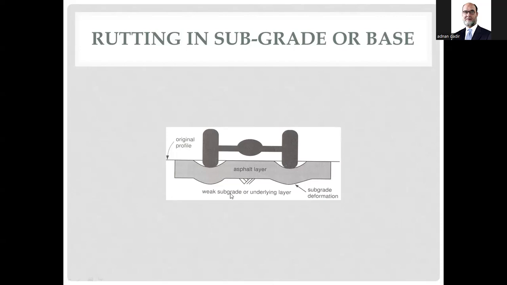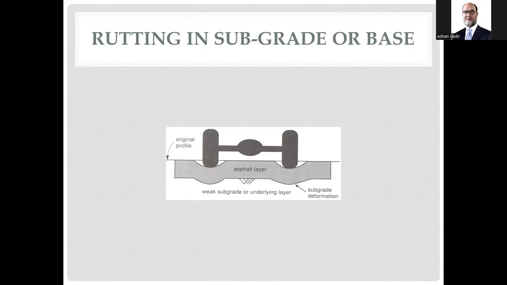Secondly, what you do when there is rutting is dig a pit 1 meter by 1 meter up to the full depth, and you go into the trench and look for yourself. You will see which layer has deflected or not. So that's how you do it.